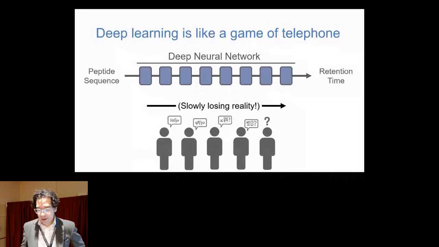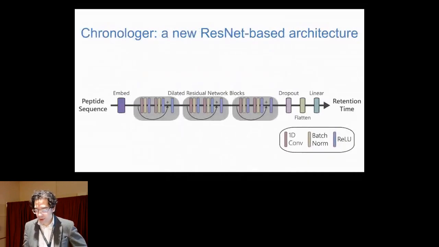So we've been exploring newer types of network topologies that seem to get around these problems. Chronologer uses a different type of technology than an LSTM.